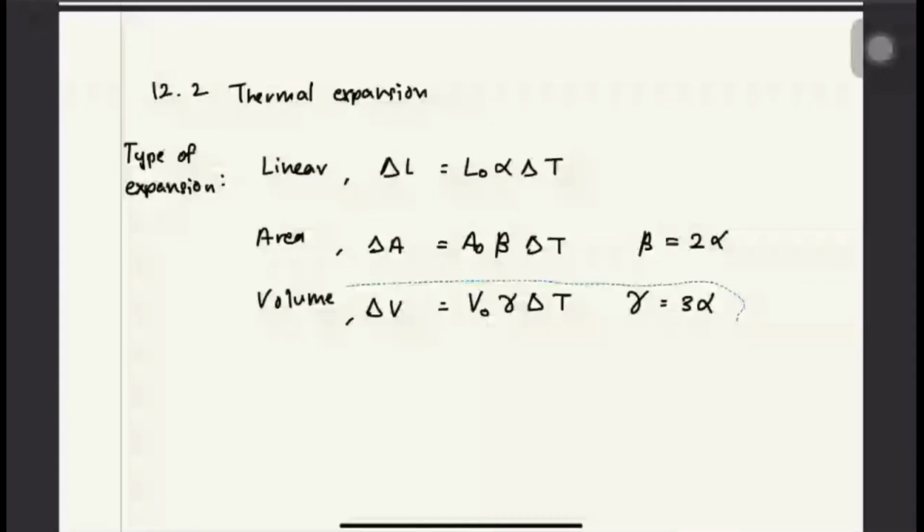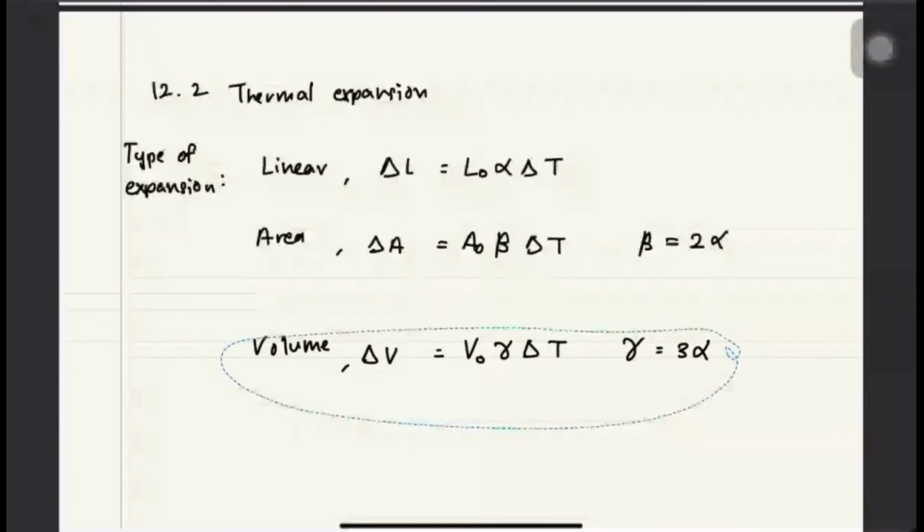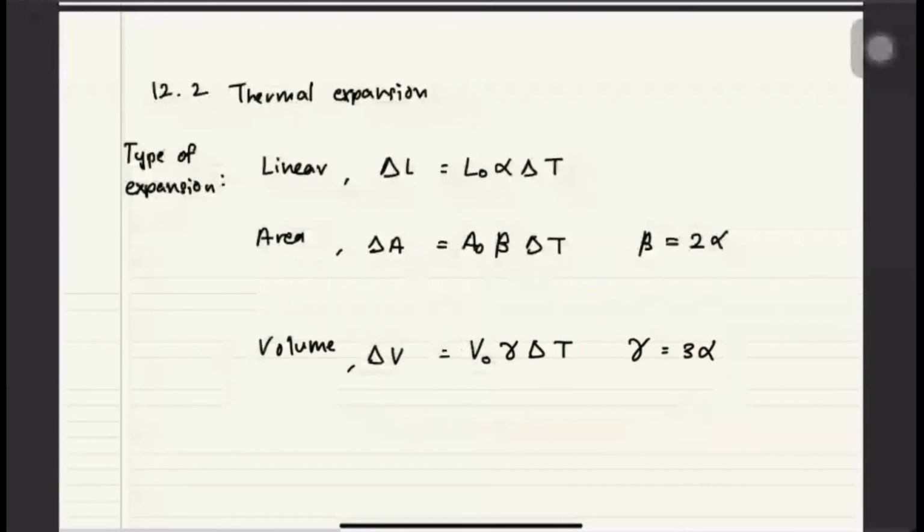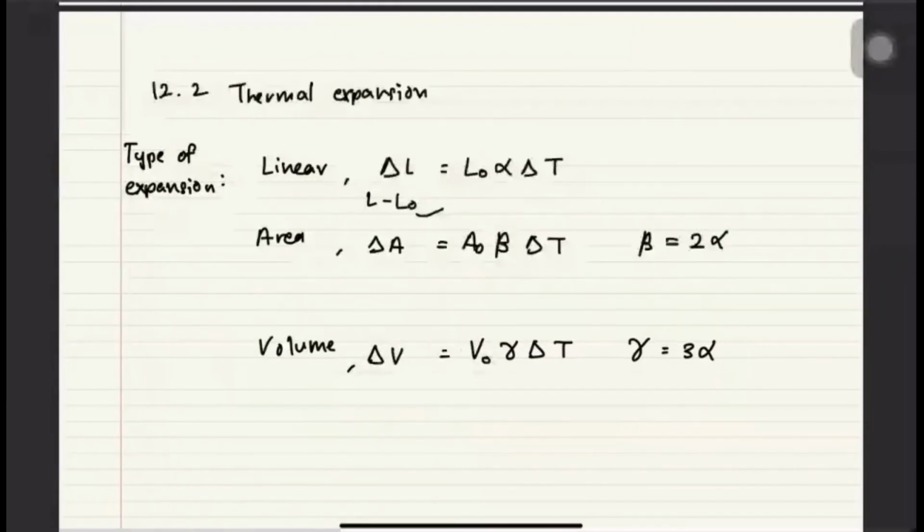Kalau yang gamma ni sama dengan 3 times the alpha. Okay. And then this formula sebenarnya kamu boleh kembangkan sedikit lah. So you can write this one in terms of L minus L naught, right? And I can bring the L naught to the other side.